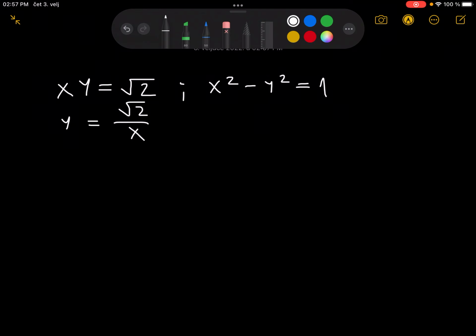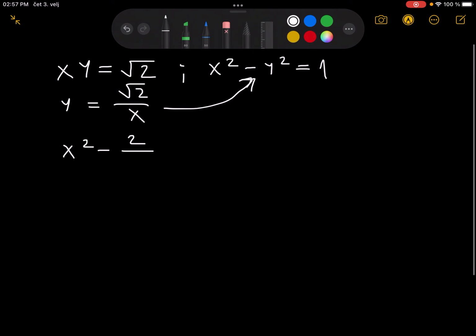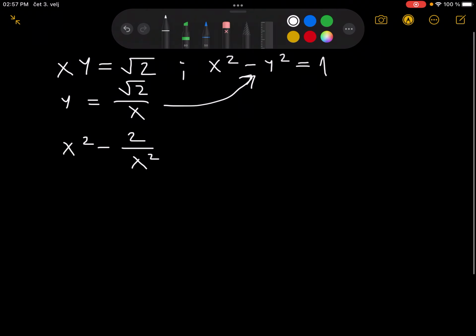And now we're going to plug that into our second equation. So x squared minus 2 over x squared is equal to 1.